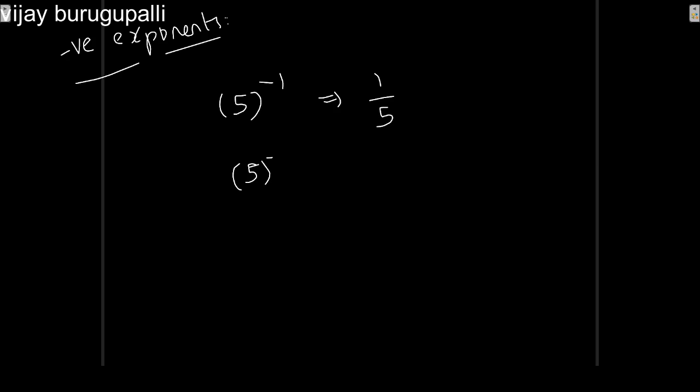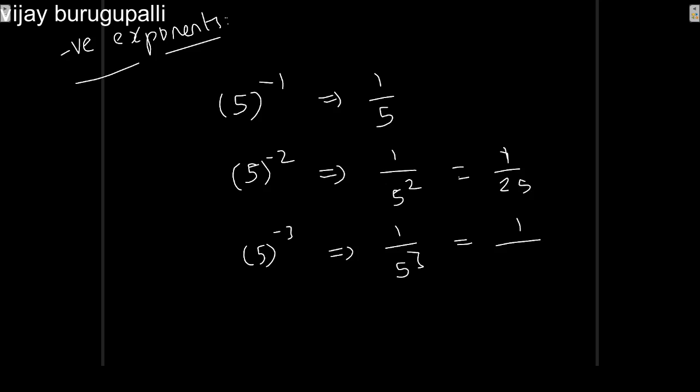Similarly, if you have 5 to the power of minus 2, you can write it as 1 by 5 square. If you have 5 to the power of minus 3, then you can write it as 1 by 5 cube. That means this value will become 1 by 25, and this will be 1 by 125, and this will remain as 1 by 5.